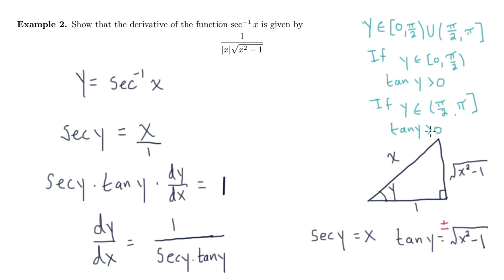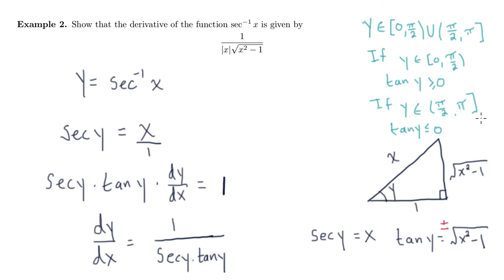Or I'll say less than or equal to 0, because it could be equal to 0. So that actually tells us when we need to take the positive square root and when we need to take the negative square root.